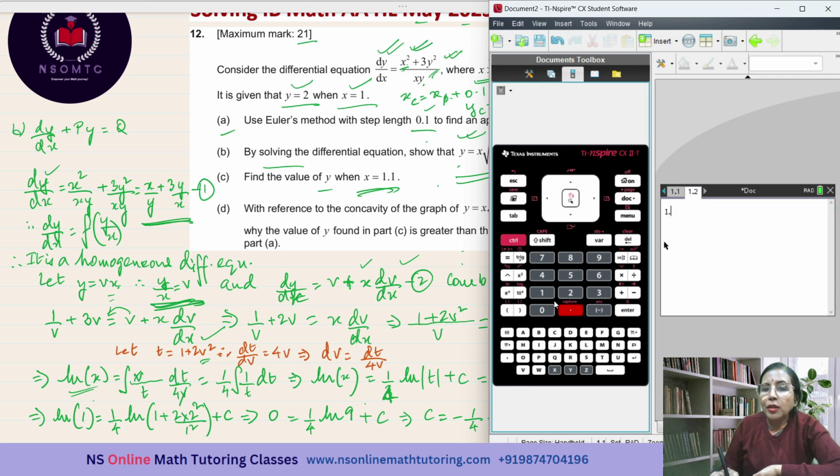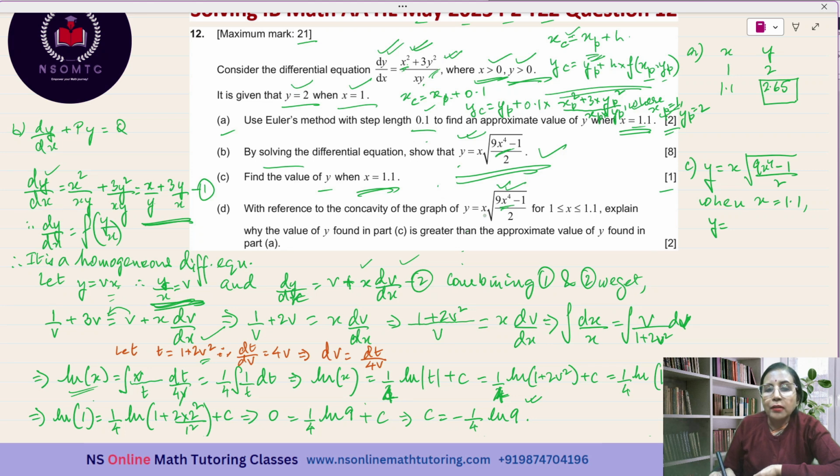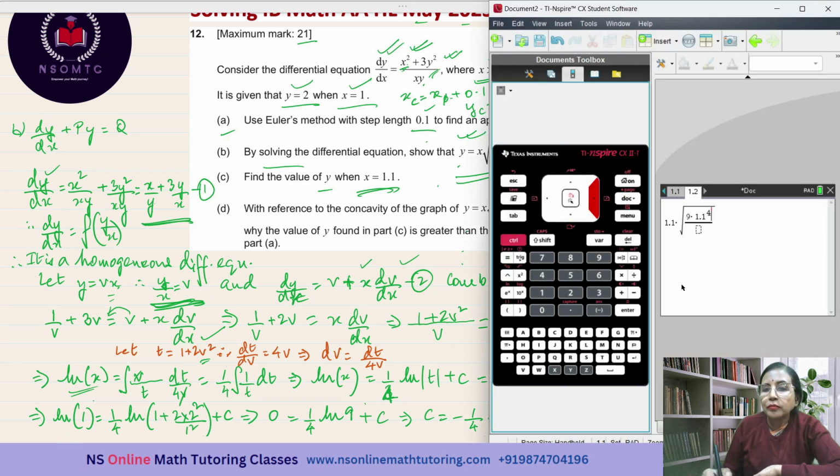So it is 1.1 times square root of 9 times 1.1 to the power of 4, minus 1, over 2.